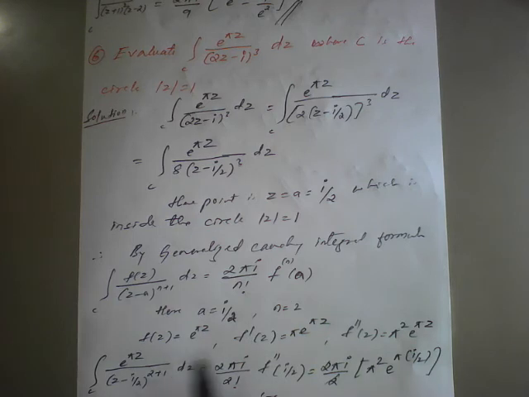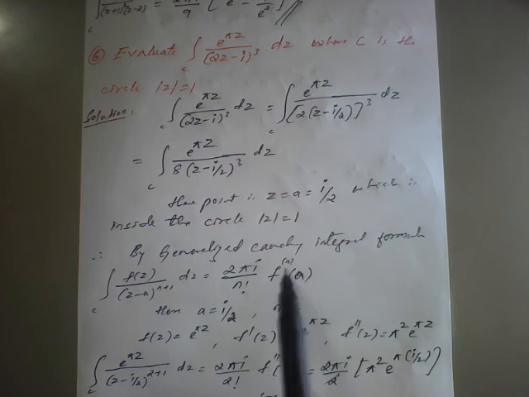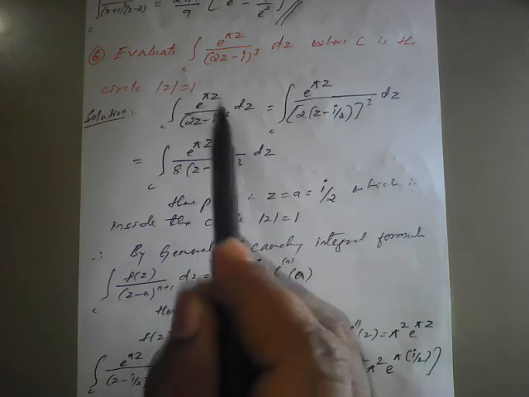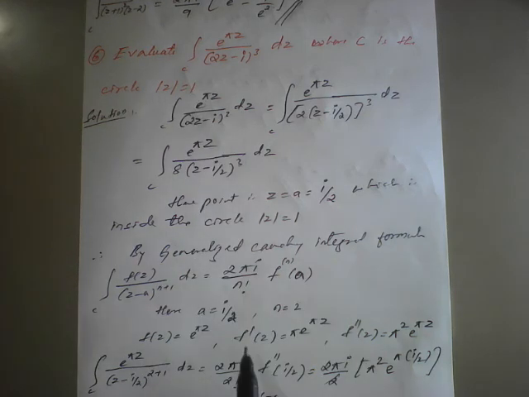So n is 2 means f double dash will come, which stands for double differentiation. So f of z is e raised to pi z, that is the numerator part of the given question. If you differentiate e raised to pi z one time, it becomes pi times e raised to pi z, and if you differentiate one more time, it becomes pi square into e raised to pi z.